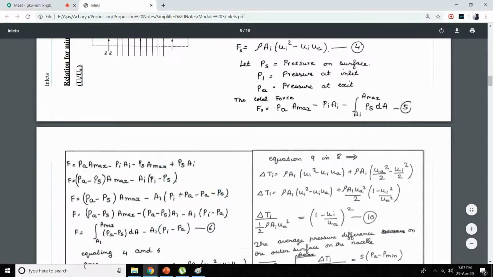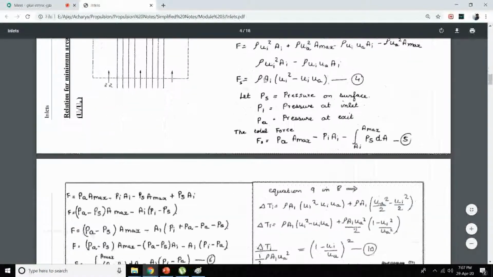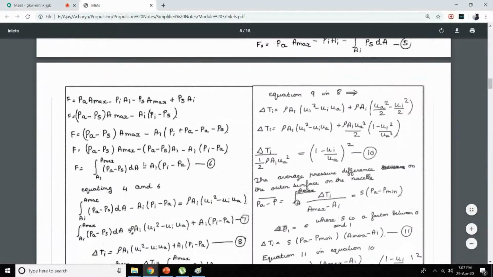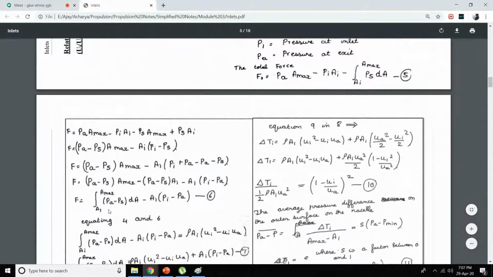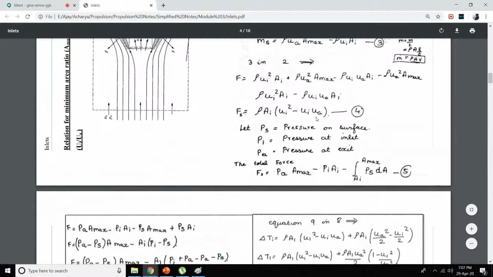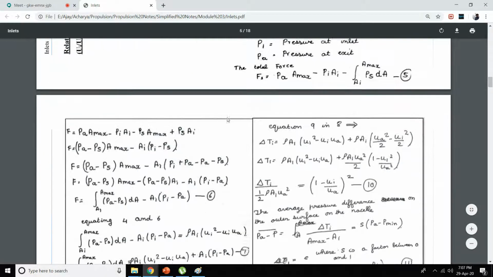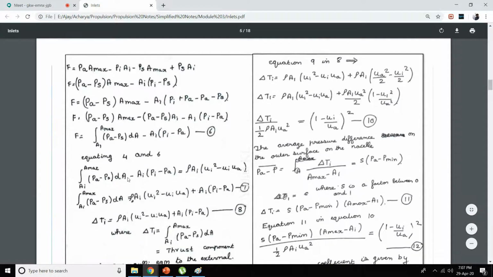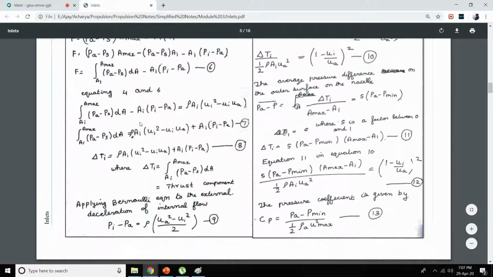This was your pressure force, and that was your thrust force. Correct. So the overall contribution of the force direction is same. Be it pressure or be it thrust, it will be in the same direction. So therefore what you'll do, you'll equate this equation with your momentum equation. Sorry, not momentum equation, the momentum force and pressure force. So when you equate both of it, what will happen?